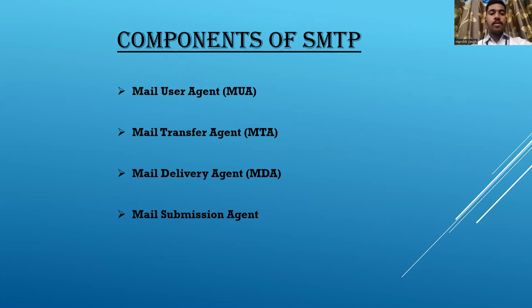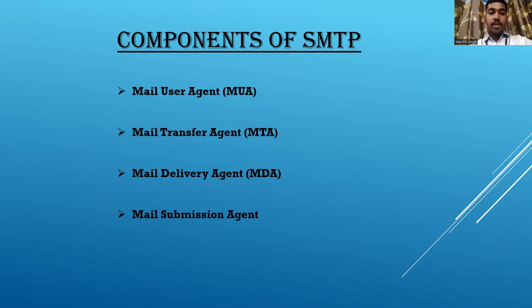The mail user agent is basically a computer program or software which works with the user to compose the message. All the process before sending the message is done by the mail user agent, and the mail transfer agent plays the role of sending and receiving the mail between users.